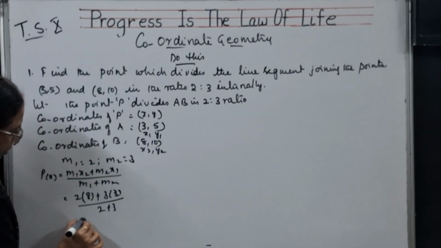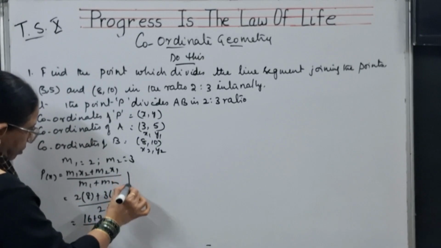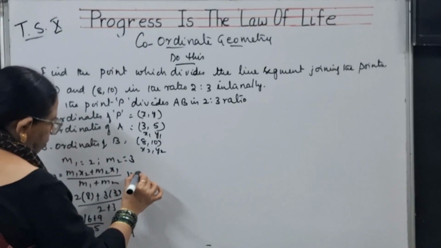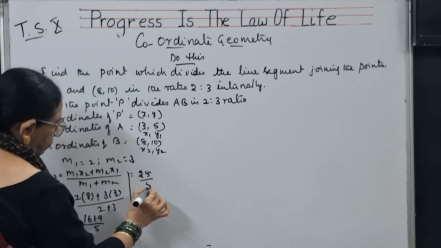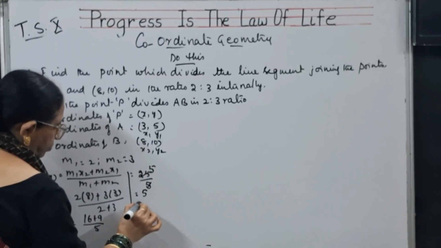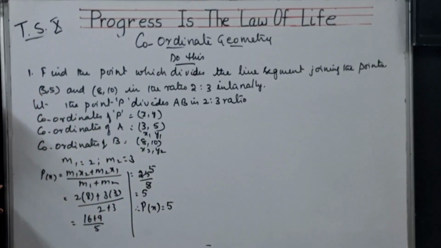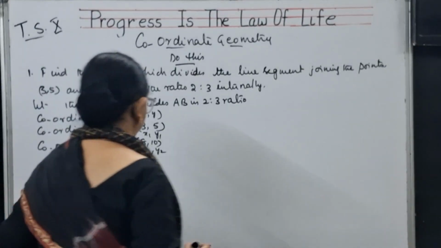That is 2 eights are 16 plus 9 by 5. That is equal to 25 by 5. So you are getting 5. Therefore, P of x is equal to 5. We have got P of x value as 5.